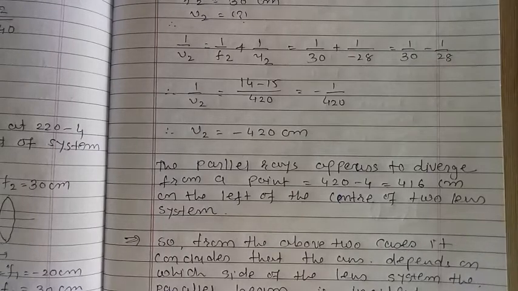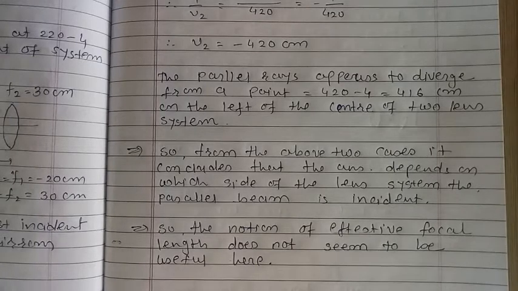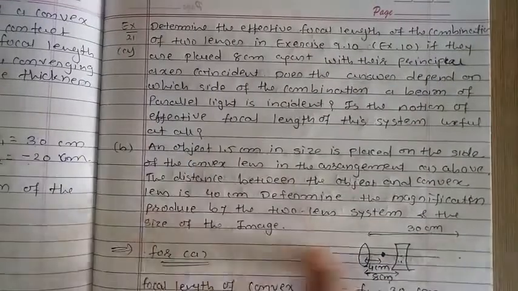So here the distances are different, so we can say that the answer depends on which side of the lens system the parallel beam is incident, right?